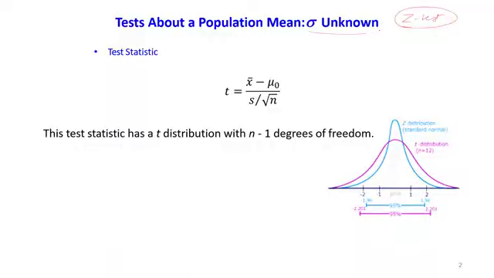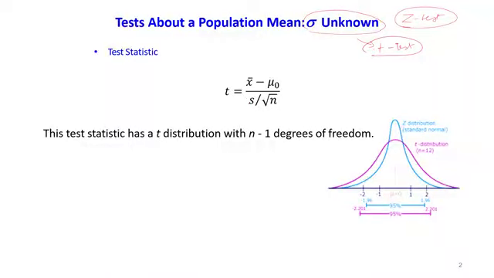Where sigma is unknown to us, we will perform the T test. Everything else will be the same, only the distribution will change. Instead of the Z distribution, we refer to the T distribution.